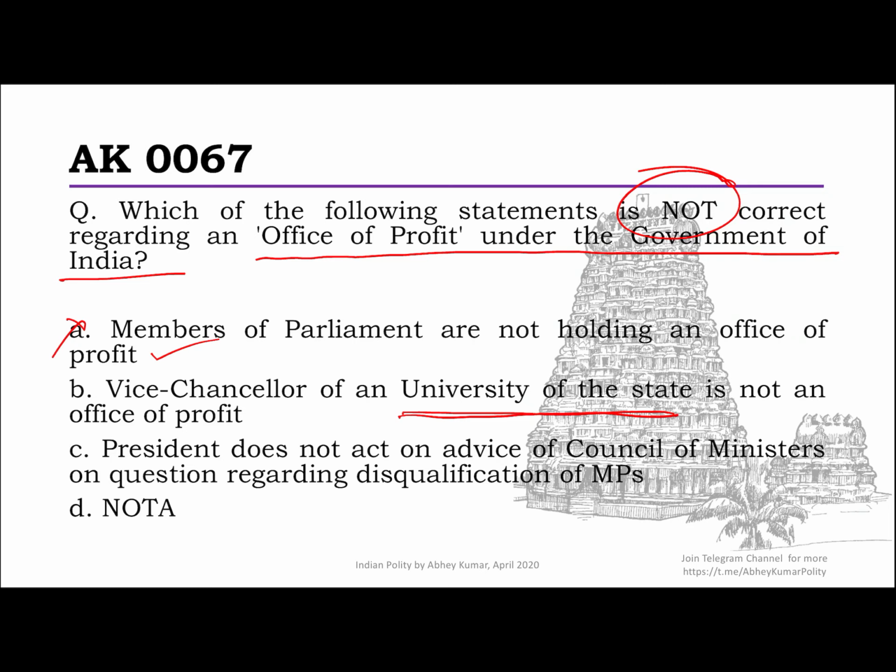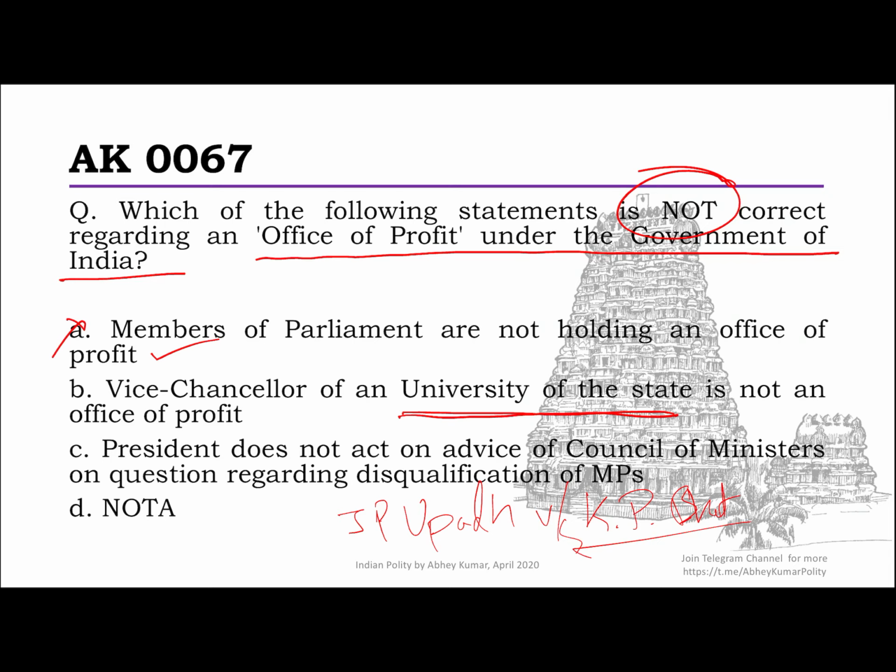There is a case by the name Jyoti Prasad Upadhyay versus Kalka Prasad Bhatnagar. Kalka Prasad Bhatnagar was the Vice Chancellor of Agra University, and he was going to contest election for the Legislative Council of Uttar Pradesh. In this case, the court very clearly held that the Vice Chancellor of Agra University was not holding an office of profit either under the state government or even under the central government.